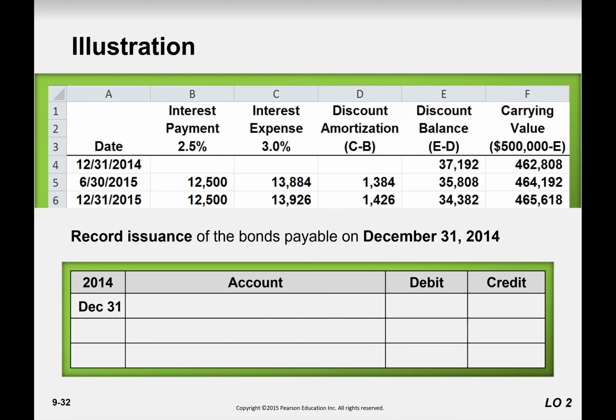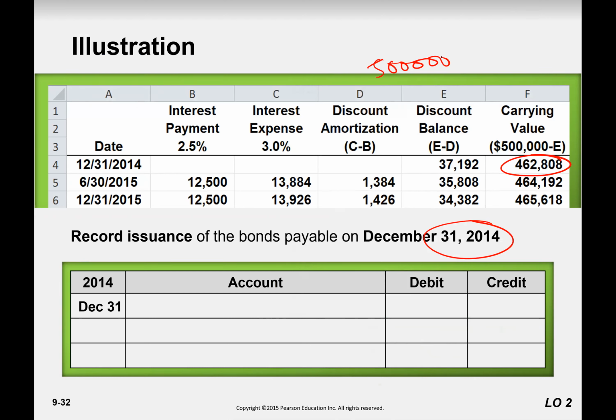So now the recording of the bonds payable. You receive 462,808 and your obligation is 500,000.